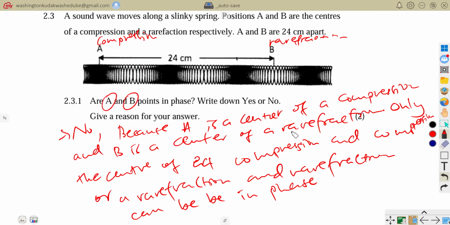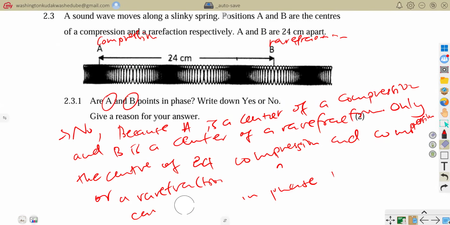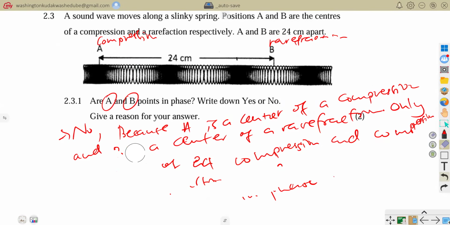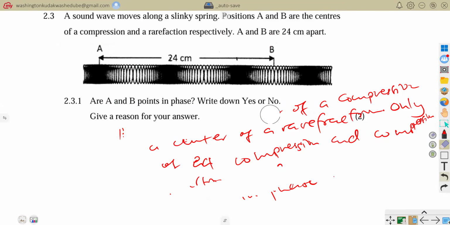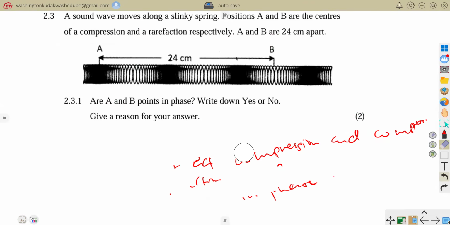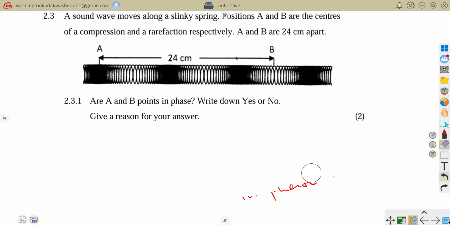Let's return to our wave. So on our wave then, we have got point A and point B. And we need to determine either the wavelength, the frequency, or the distance in between. The distance is 24 centimeters. How would you determine its wavelength?